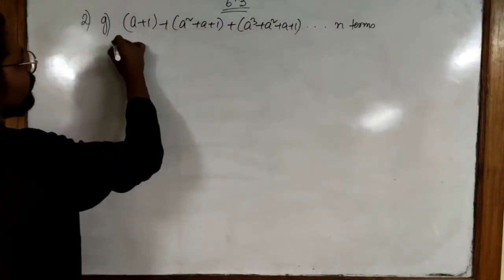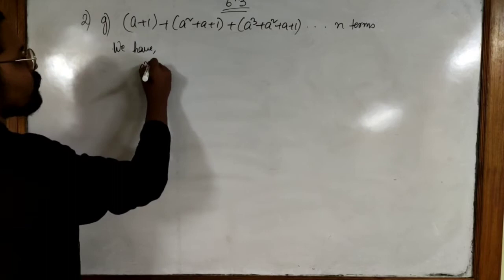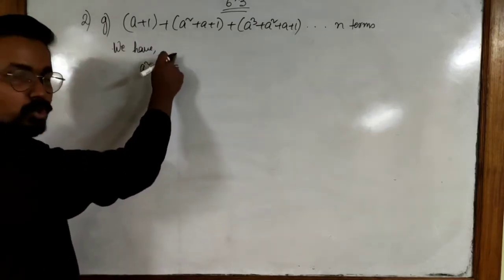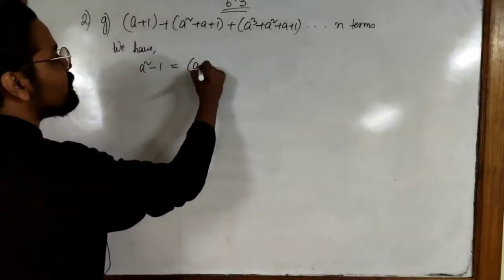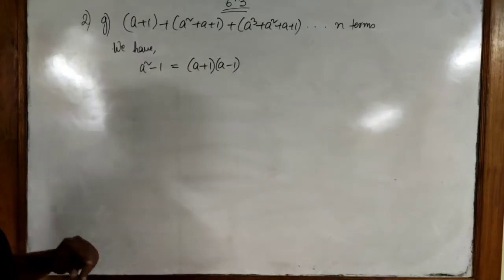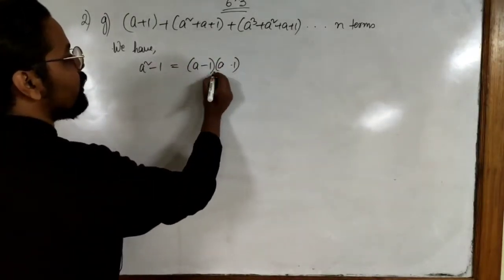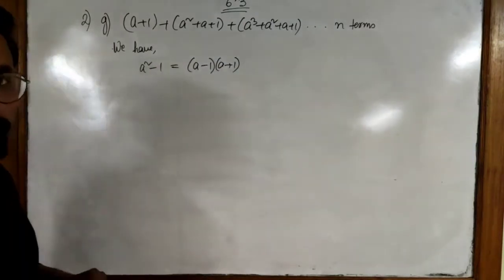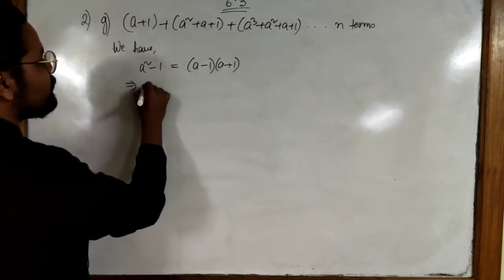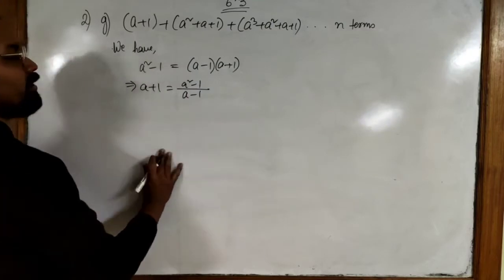See, a square minus 1 can be written as a plus 1 into a minus 1, right? Similarly, a plus 1 can be written as a square minus 1 by a minus 1.